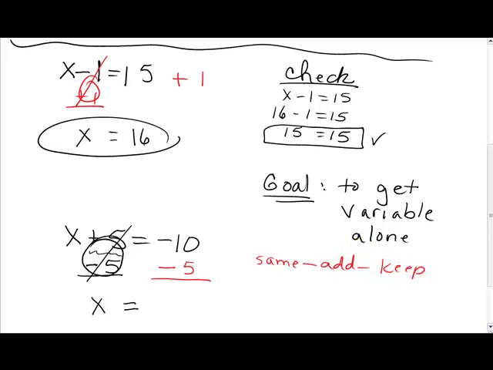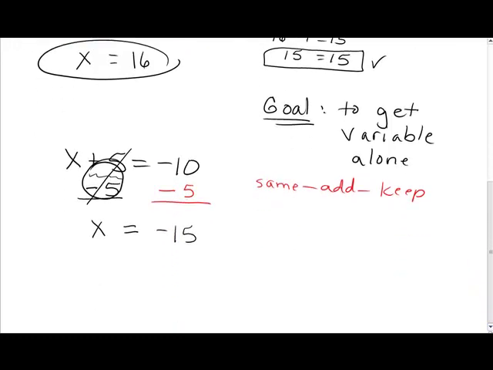And so our answer is a negative 15. We did the same thing that we did up here. We did the opposite. We added to get 0, and then we added 1 here. Here we had a positive, and so we subtracted to get 0. And what we did here, we had to do here. And then these signs are the same, so we add and we keep the sign.